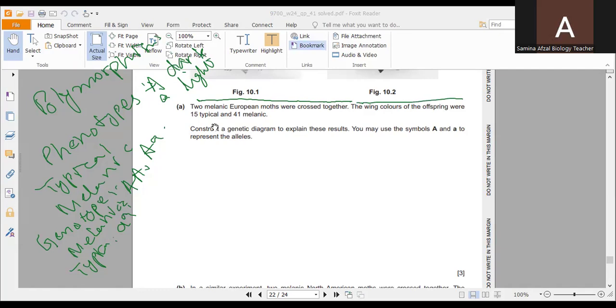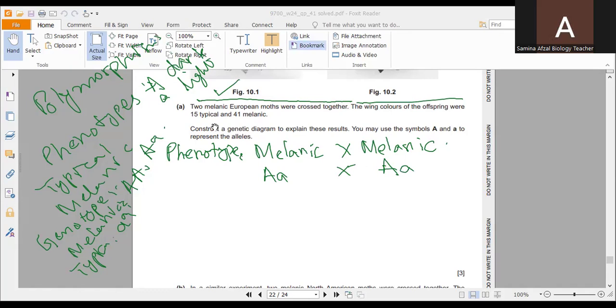It means both parents were melanic, and their genotypes can be capital A, small a, because they are producing both typical and melanic.